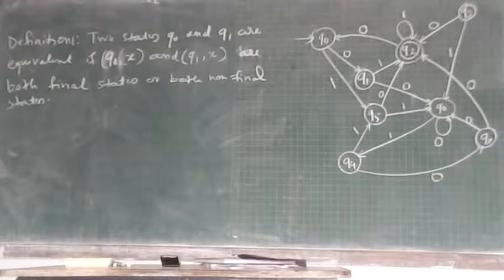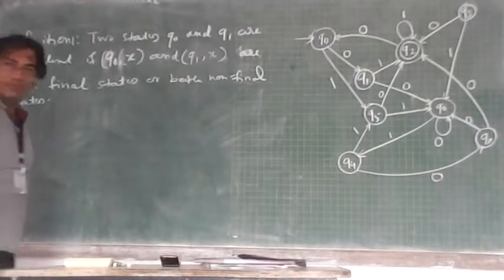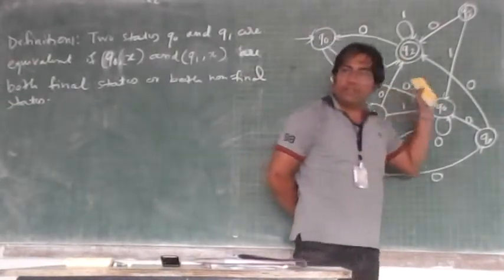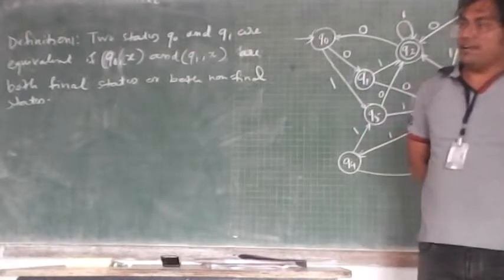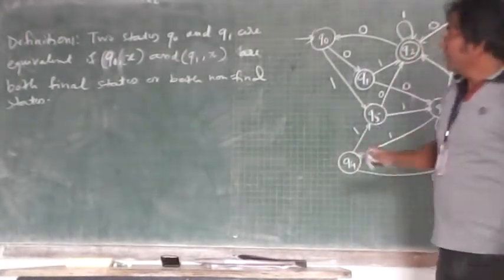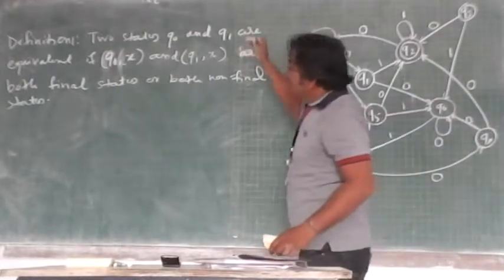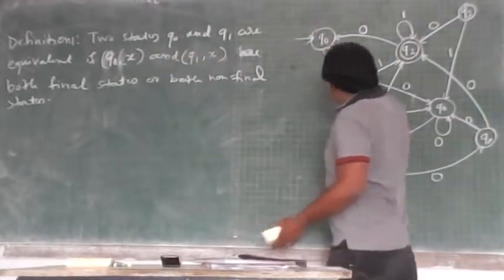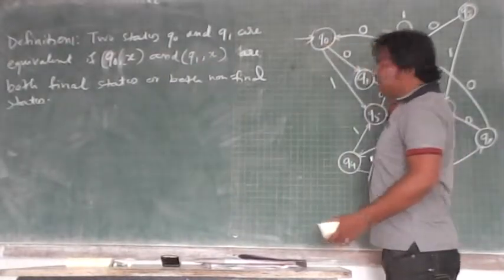Here Q0 and Q1 are general terms, not this Q0 and this Q1. Q0 and Q1 are any states from a finite automaton. I am using them in this definition to say how any two states are equivalent.